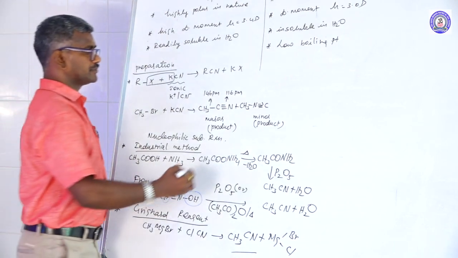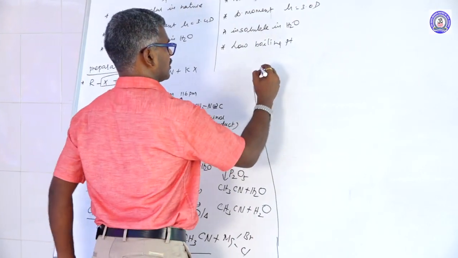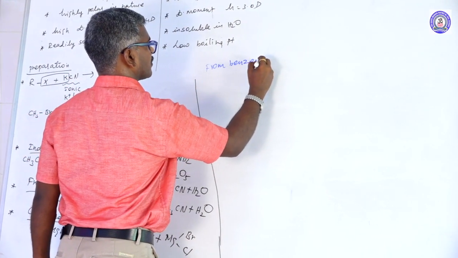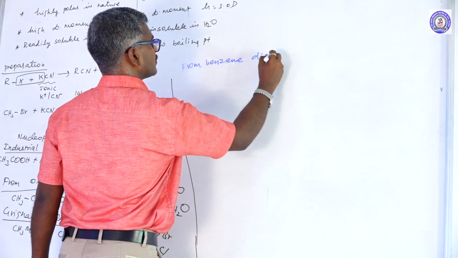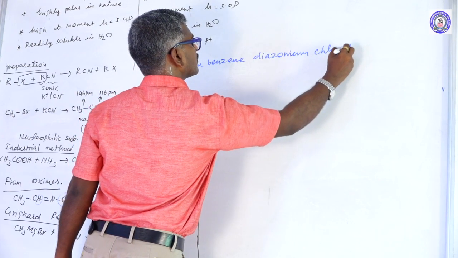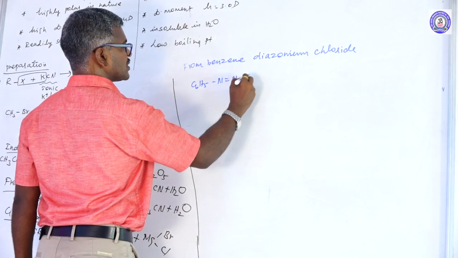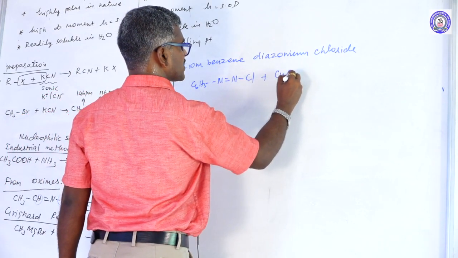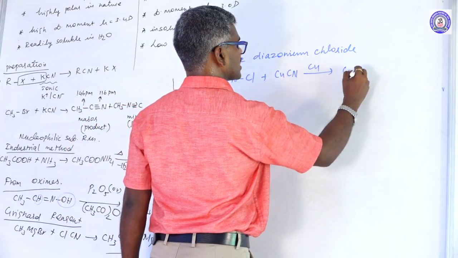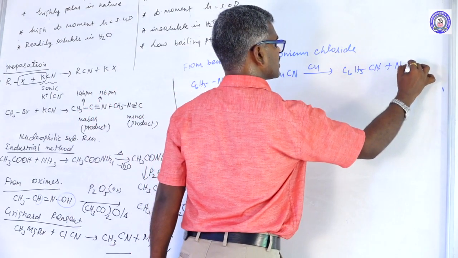Another method is from benzene diazonium chloride, that is C6H5–N≡N Cl. It reacts with cuprous cyanide in the presence of copper to form C6H5CN, with removal of N2 plus Cl−.